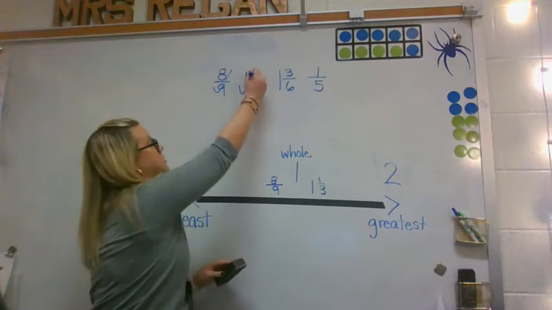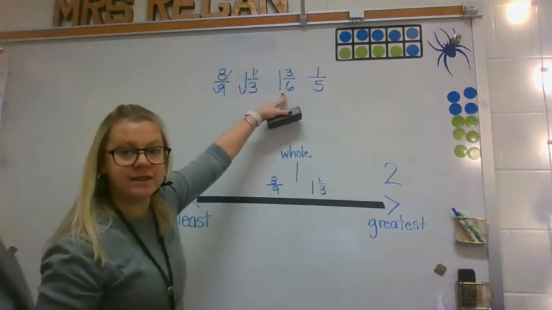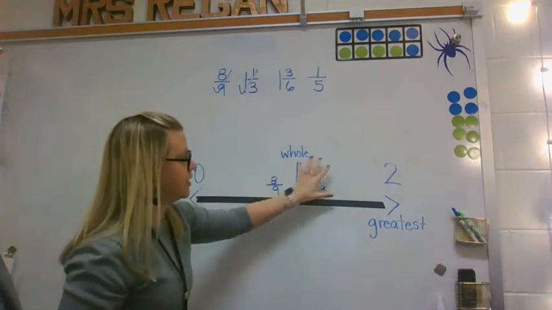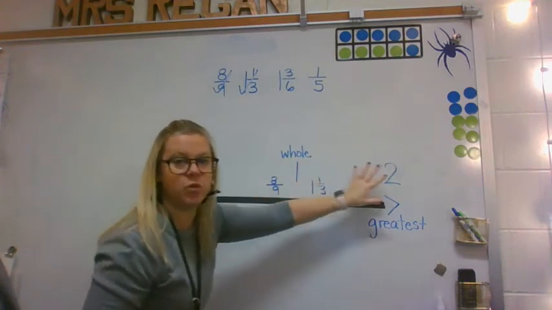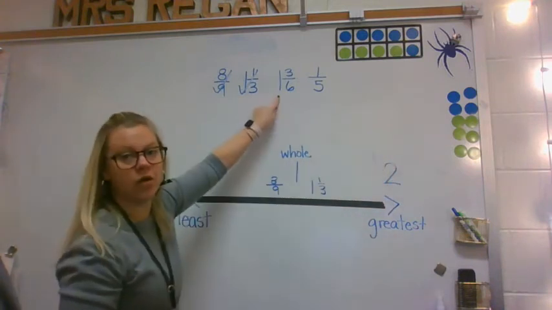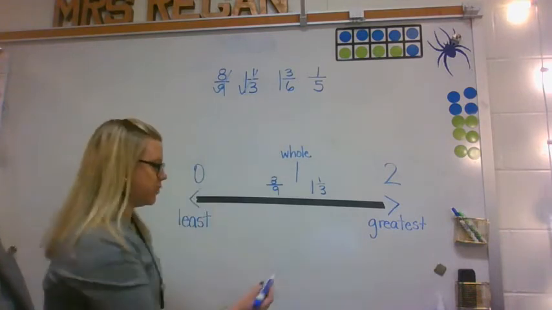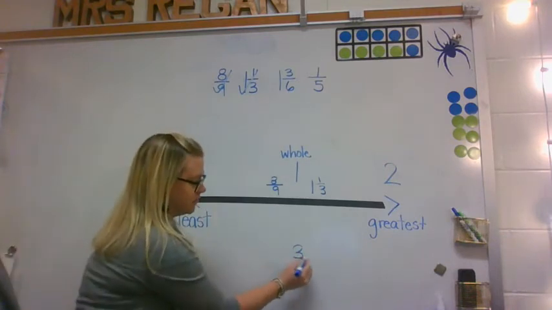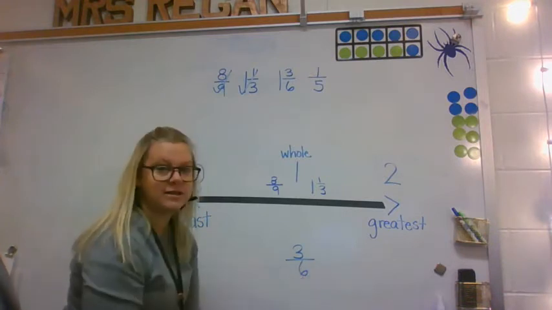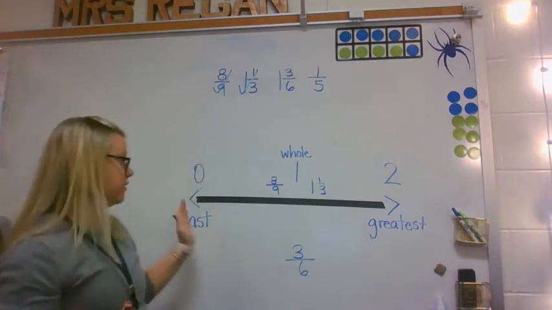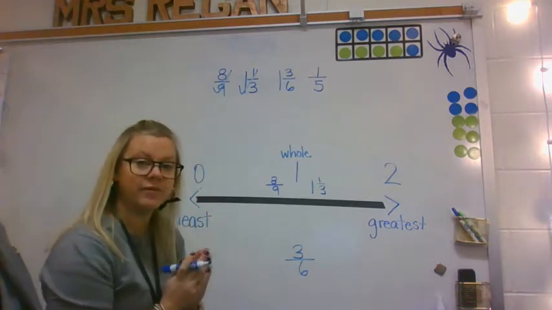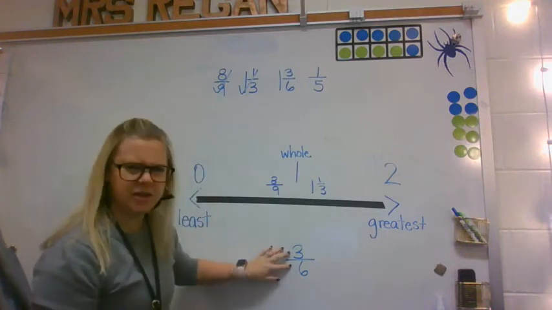Okay. So then let's look at our next one, 1 3/6. So again, I know it's going to be up here between 1 and 2 because I have that 1 whole. So then I have to think about 3/6. Now here's a little trick when I'm thinking about 3/6. I like to compare it to close to the beginning, close to halfway, or close to a whole. So let me look at 3/6.